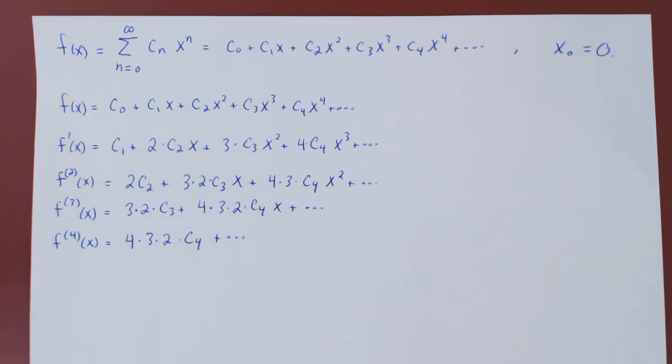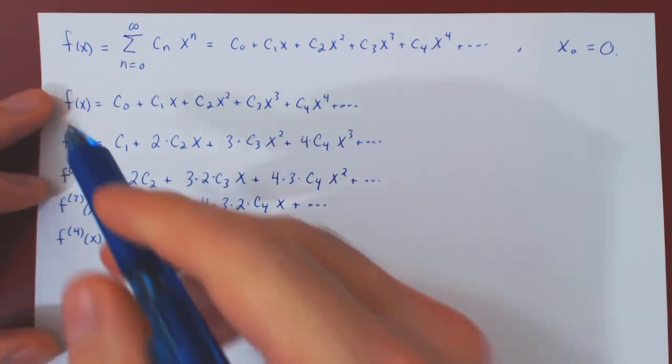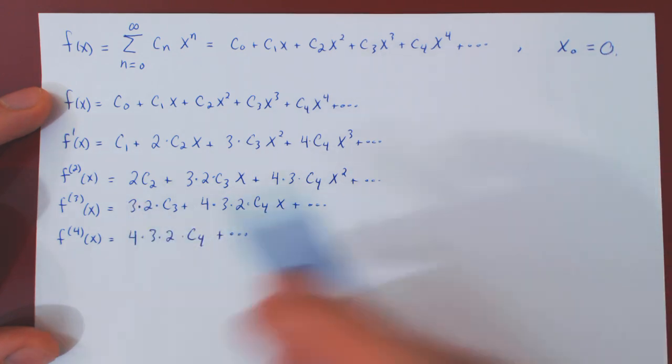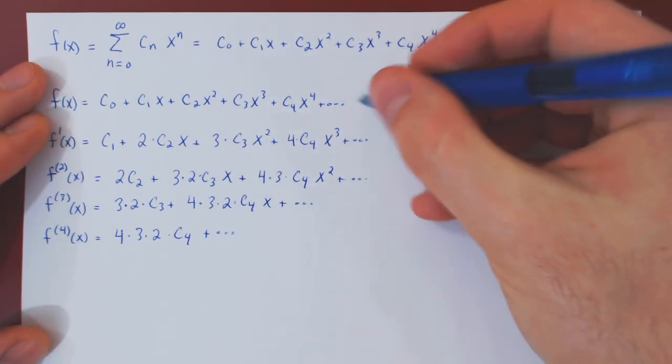And now the idea is to evaluate each expression, f, first, second, third, fourth derivative, at x equals 0. And let's see what comes out.